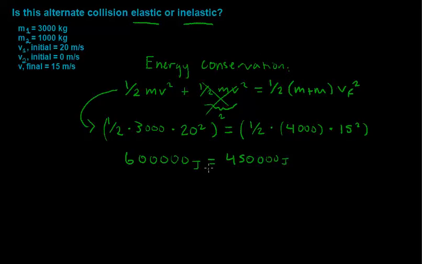So these numbers do not equal each other, and just like the first energy conservation we did, if the change in kinetic energy did not equal 0, or there was a change in kinetic energy, then it looks like our collision this time is inelastic.